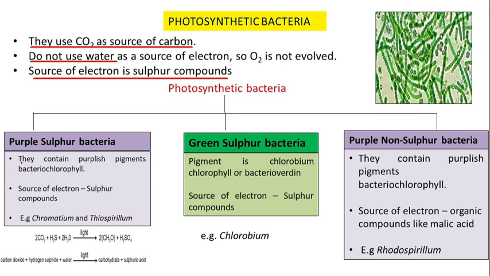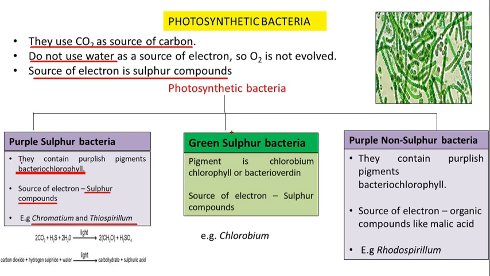Since it is a purple bacteria, the purple color is only because of bacteriochlorophyll. In purple sulfur, as the name suggests, purple is due to bacteriochlorophyll, and sulfur is because sulfur compounds are the main source of electrons. For example, Chromatium and Thiospirillum.